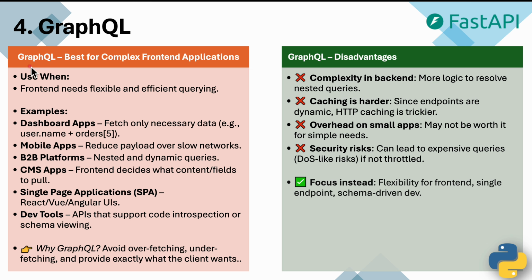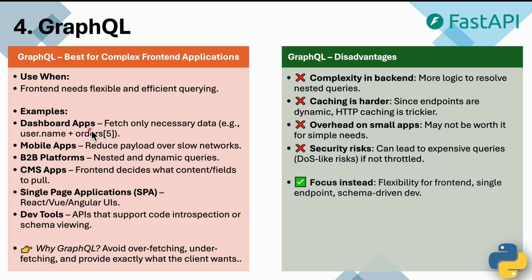GraphQL API. It is best for complex front-end applications. Use it when the front end needs very flexible and efficient querying. Examples: dashboard apps.